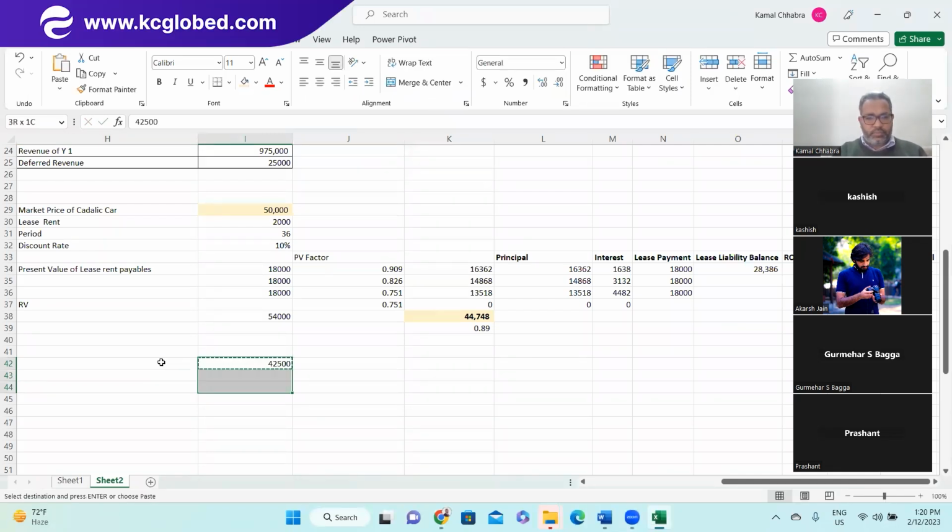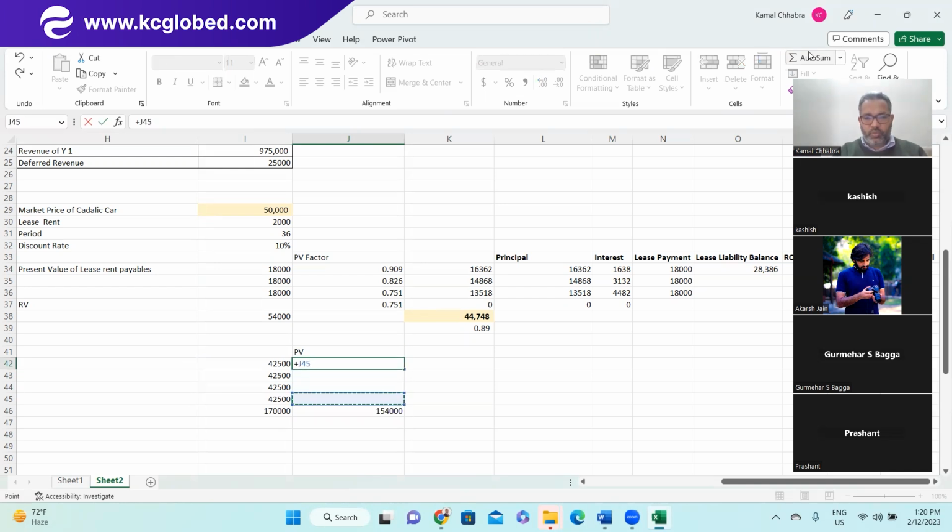So now, if we draw this example over here, it says 42,500, and this total is your lease receivable, and the present value of this is 154,000. For simplicity, I'm just dividing by 2.